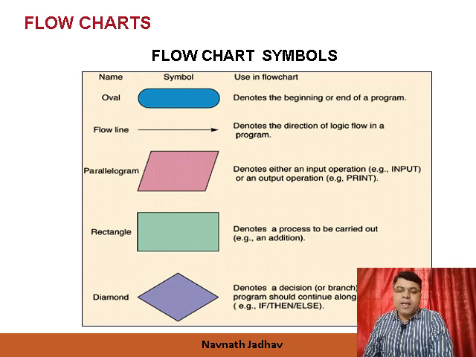And the rectangle denotes the in-detail process, in which we can show what operations we are doing. The diamond shape is used to denote a decision.